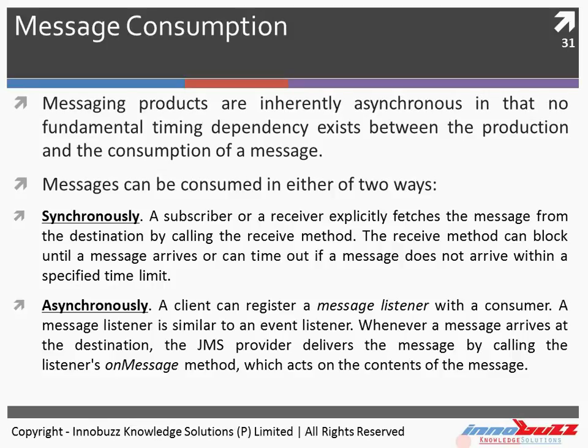Whenever a message arrives at the destination, the JMS provider delivers the message by calling the listener's onMessage method. This onMessage method is also used in the message driven bean, which we saw earlier. The message driven bean is also an asynchronous bean which uses this onMessage method. So it acts on the contents of the message.